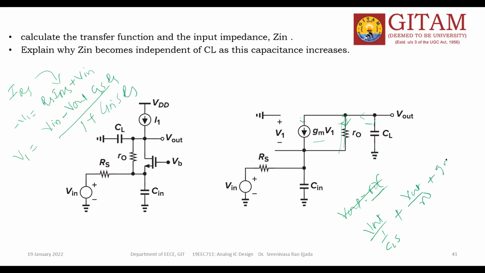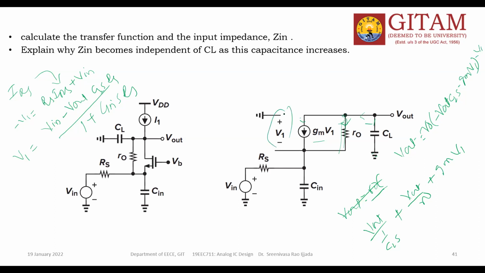GM into V1. Again, from this you can separate the terms. V out is equal to R naught multiplied with minus V out into CLS minus GM into V1, including this term.